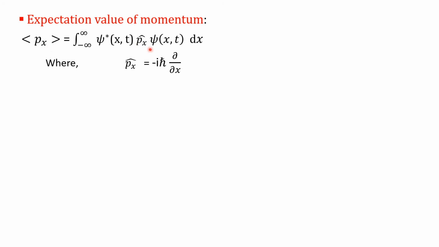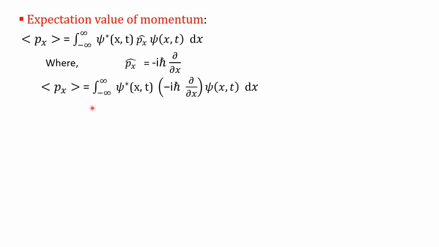Put the value and simplify the term, and we get the simplified form of the expectation value of the momentum. Angle bracket px is equal to the integral from minus infinity to plus infinity of psi star(x,t) times the bracketed term minus i h cross del by del x psi(x,t) dx. Minus i h cross we take outside and rewrite the equation: psi star(x,t) into del psi(x,t) by del x dx. That value is the simplified form of the momentum, and it gives its average value.